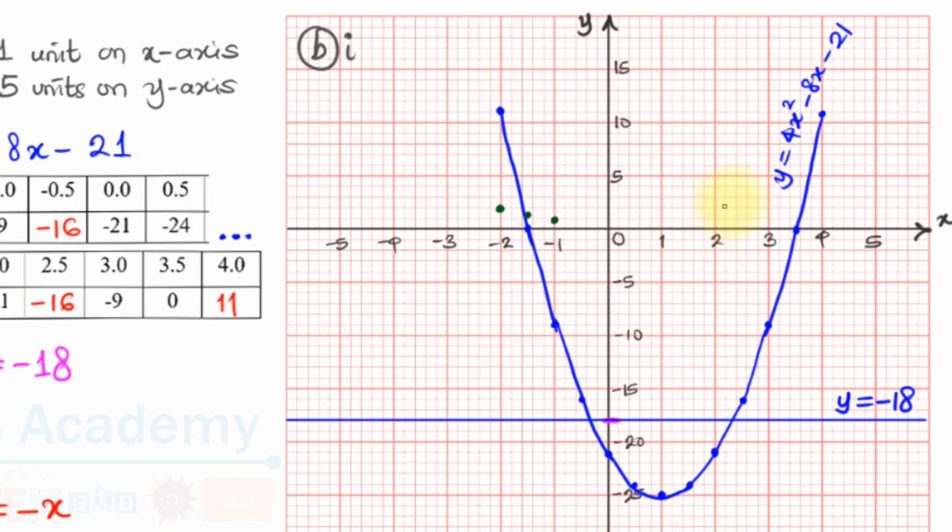And when x is minus 0.5, y will be 0.5. So that will be here, because this is minus 0.5 for the x, and this is 0.5 for the y. Okay, so that is just how we work it out.